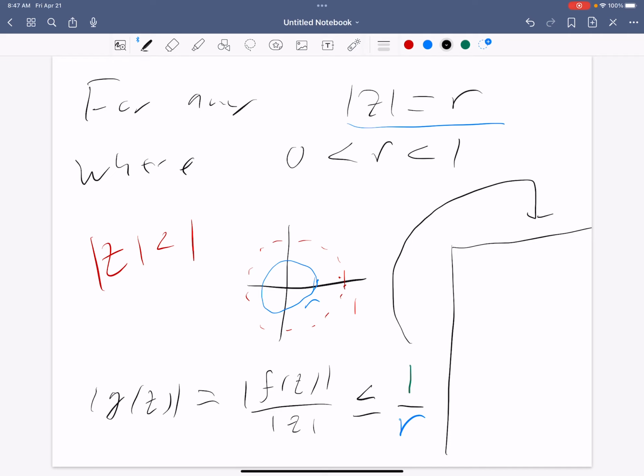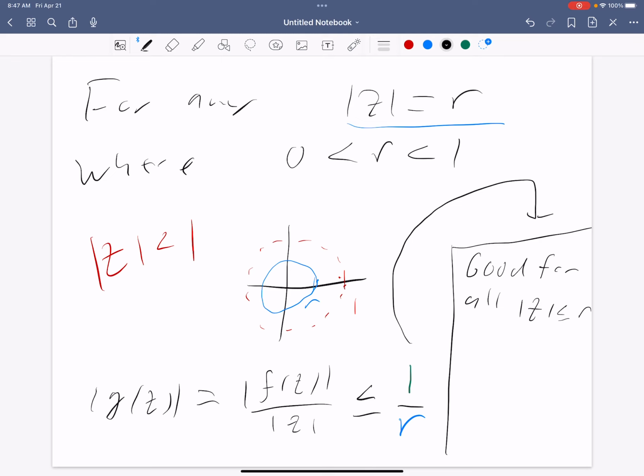But note, this actually must be good for all z, even if z's modulus is less than r. It doesn't need to actually be equal.